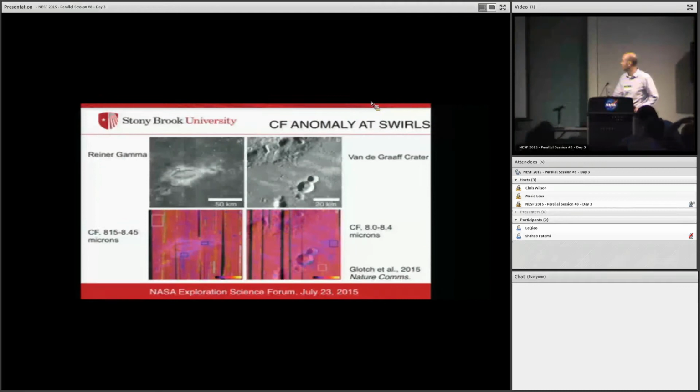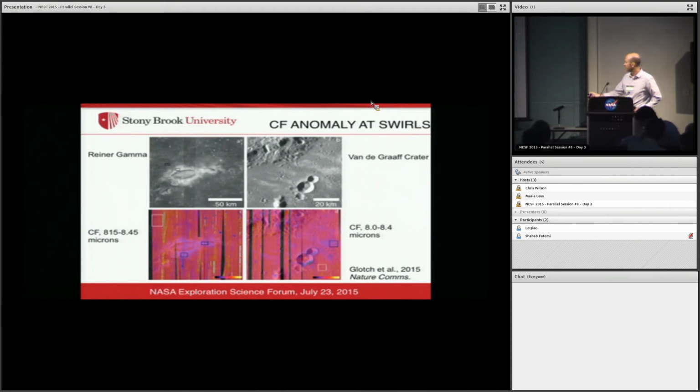So I had a paper come out earlier this year in Nature Communications, specifically looking at what I call CF anomalies at swirls. So we measure the CF position. We can plot that on a color map, and you can see here's Reiner Gamma. This is on a scale from 8.15 to 8.45 microns.